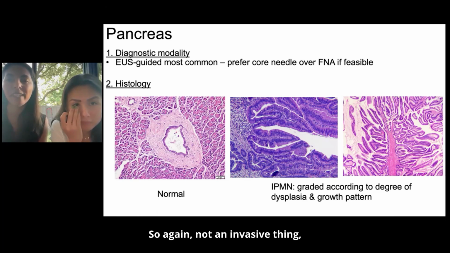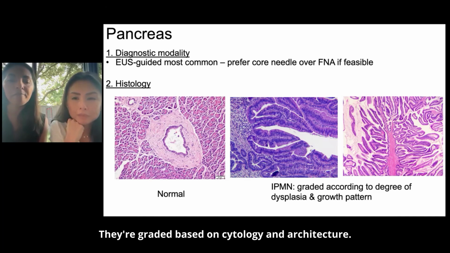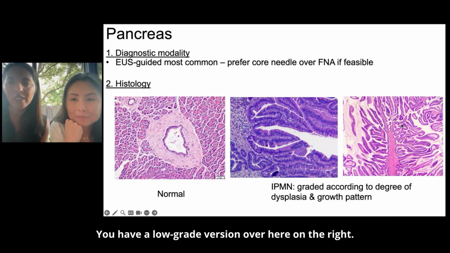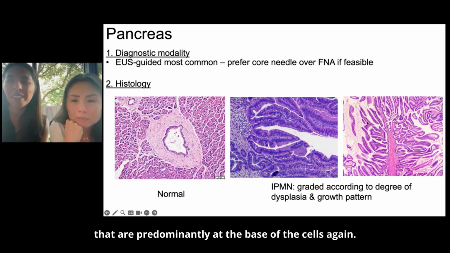So again, not an invasive thing, but almost like a pre-neoplastic condition. They are graded based on cytology and architecture. You have a low-grade version over here on the right. Again, abundant mucin at the surface of these cells, and then you'll have smaller nuclei that are predominantly at the base of the cells.